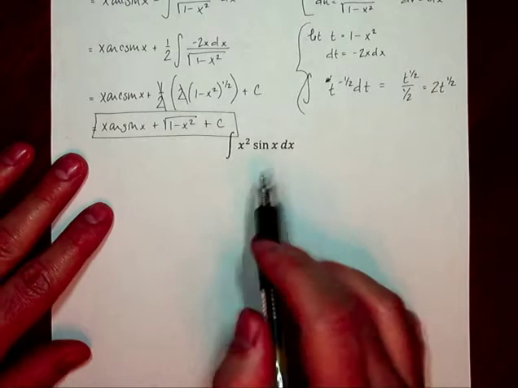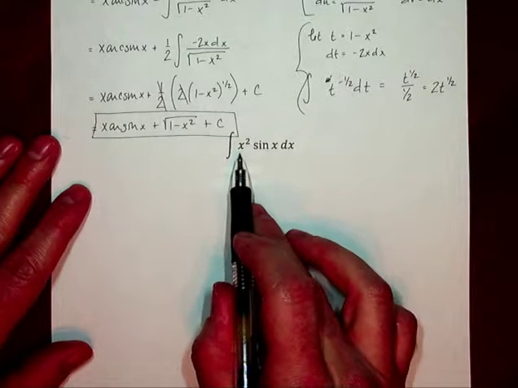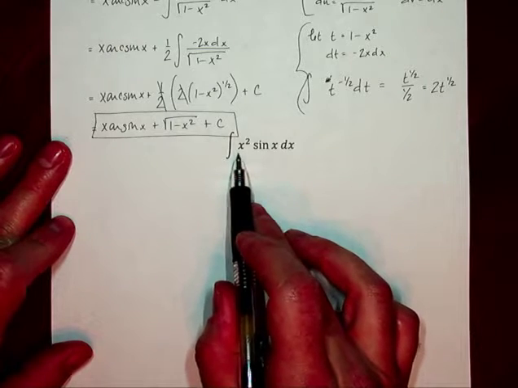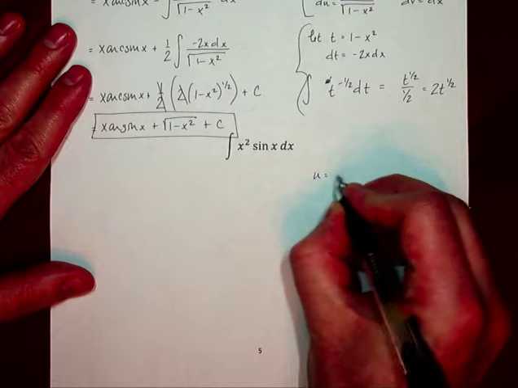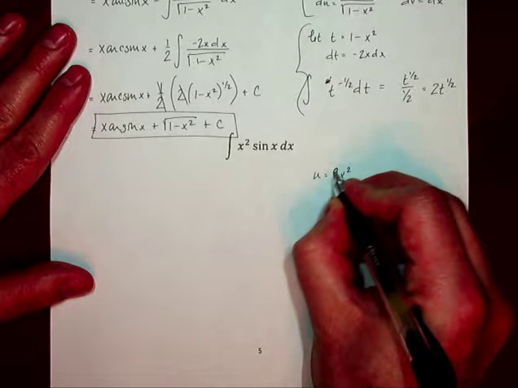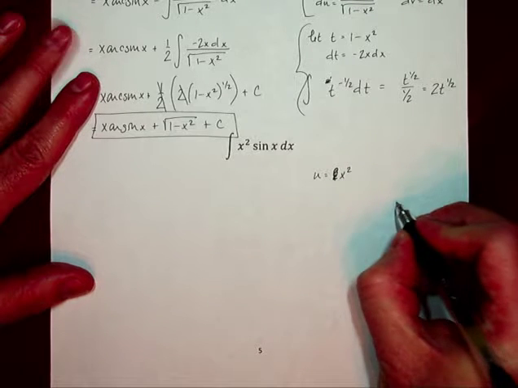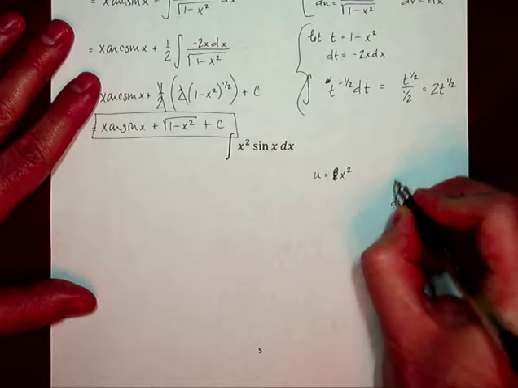The only hope you have of getting to an integral that is integrable is to get rid of x squared. And the only real way to get rid of x squared is to basically constantly take its derivative, right? So let's let our u be x squared and our dv be sine x dx.